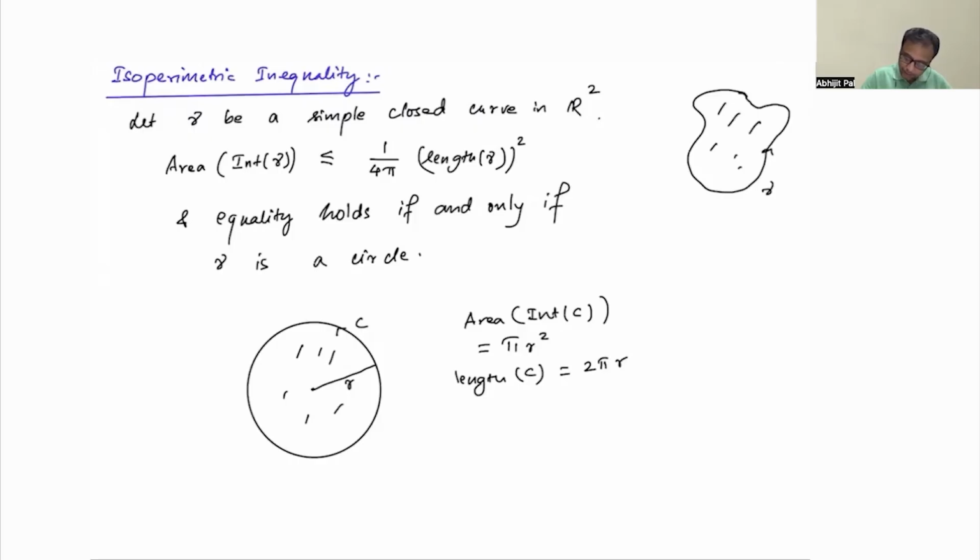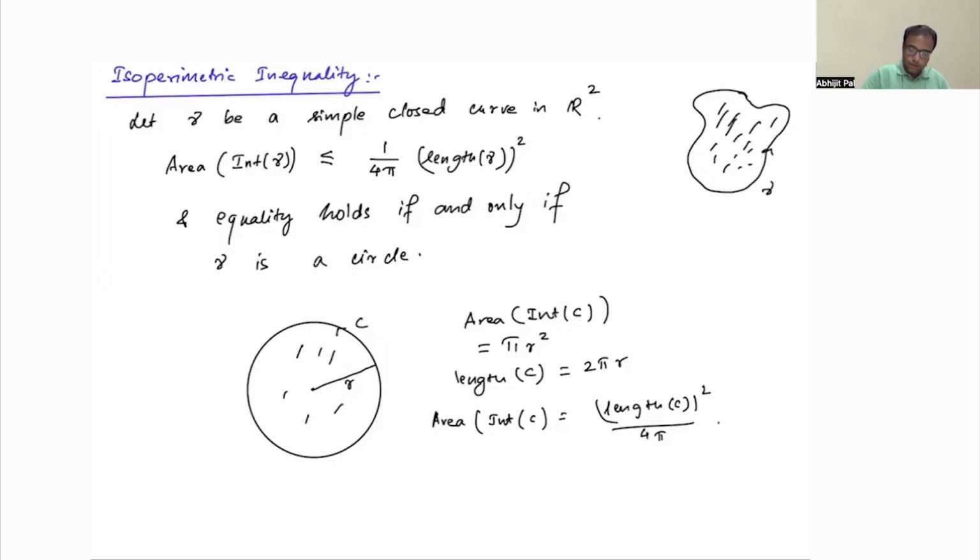Therefore, this area is exactly equal to the length of C squared divided by 4 pi. So what we are going to show is that the area of this region is less than or equal to the square of the length of this curve divided by 4 pi, and equality occurs if this gamma becomes a circle.